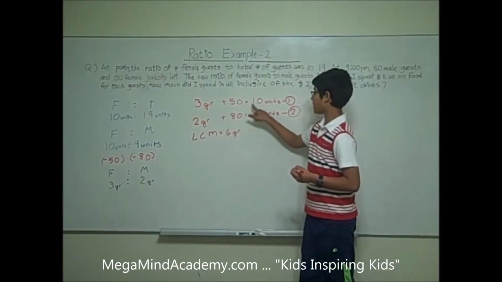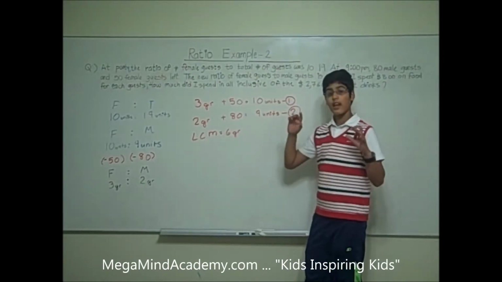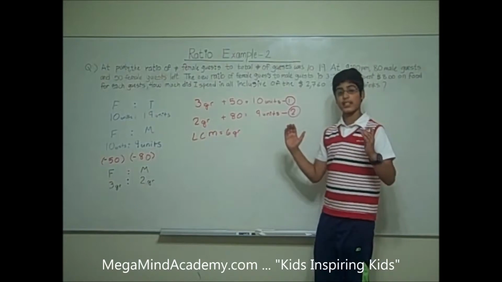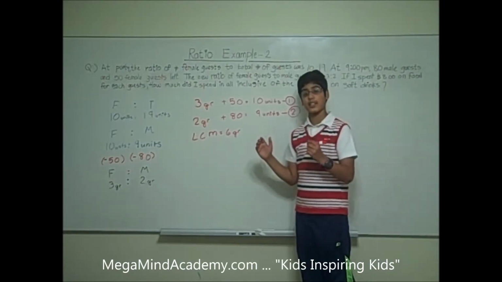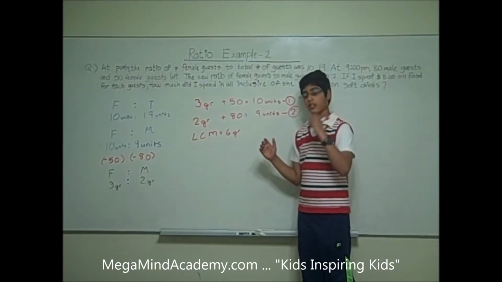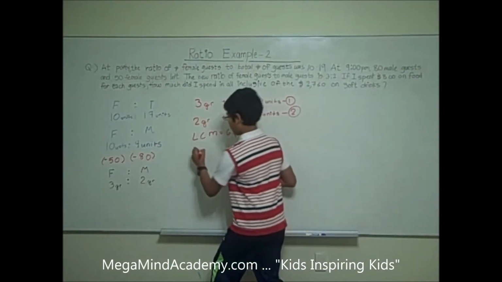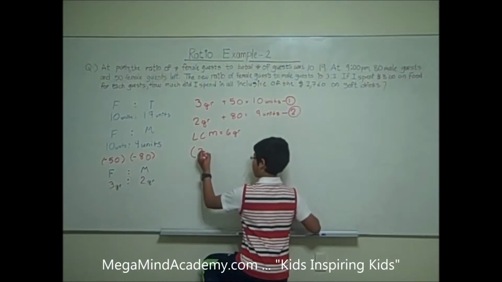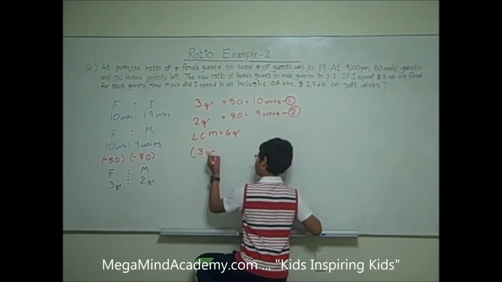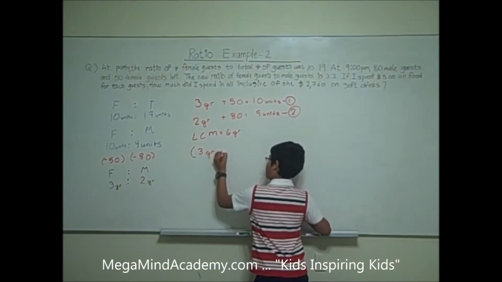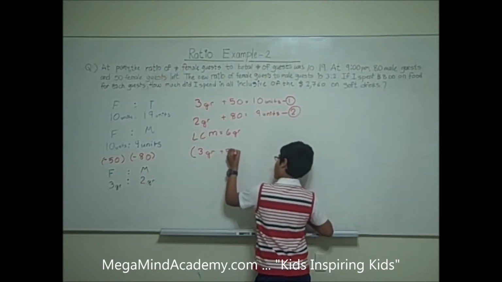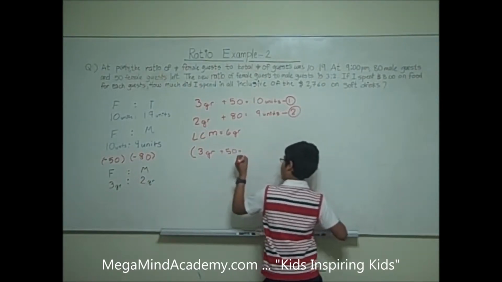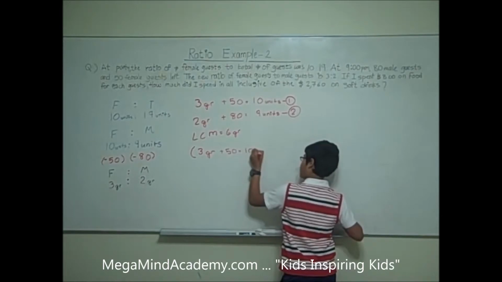3GR plus 50 is equal to 10 units. Let's write that in parentheses, and then outside the parentheses, let's write times 2.